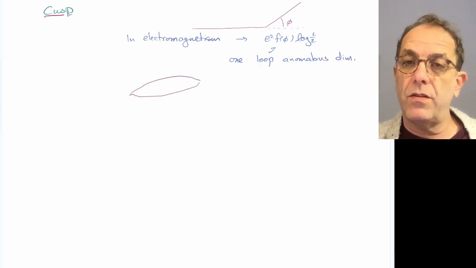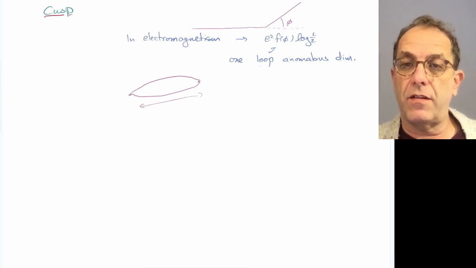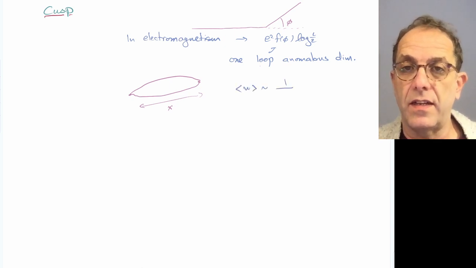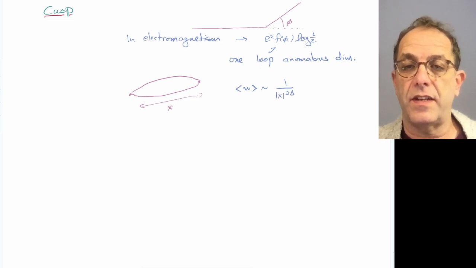If we take a Wilson loop with two corners with the same angle phi, and we calculate the anomalous dimension, which I will call delta, which is the coefficient of the log divergence, then the expectation value of the Wilson loop will behave like 1 over the distance to this power.